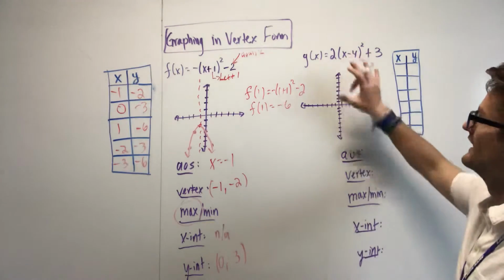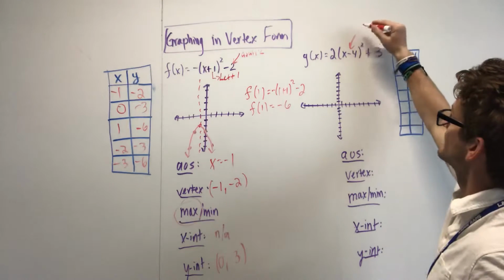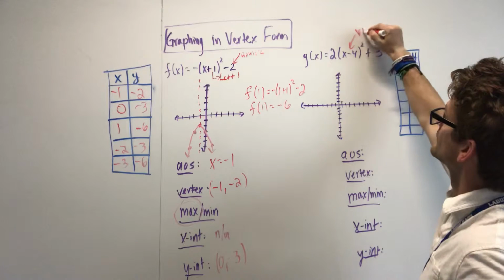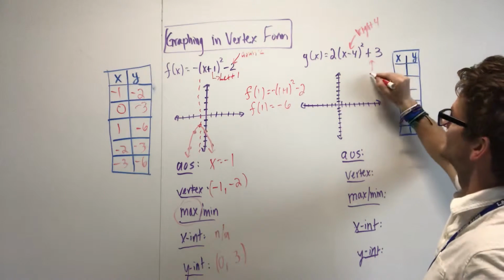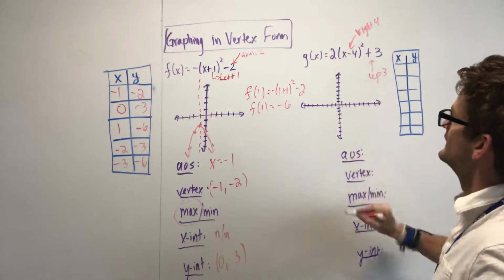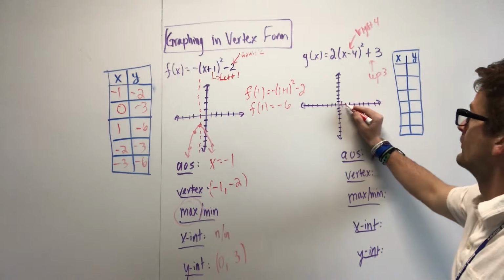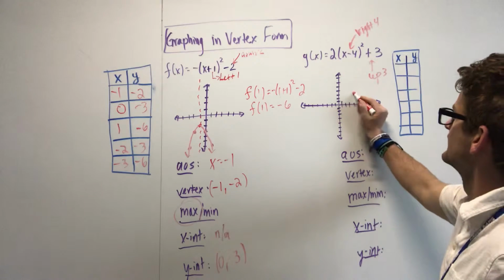The second example is a very, very similar process. We're going to describe the transformation. This negative 4 tells us it is to the right 4. The positive 3 outside tells us it's up 3. So from our origin, we have to the right 4, 1, 2, 3, 4, and then up 3.